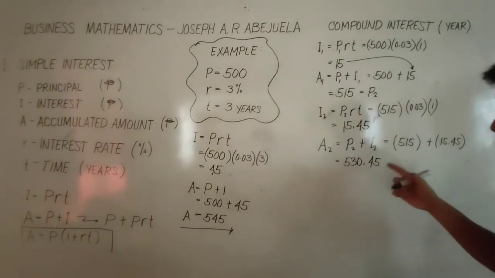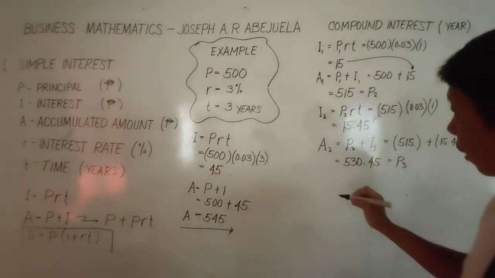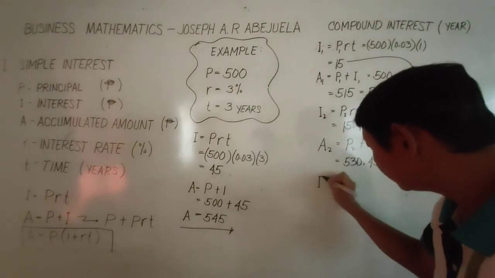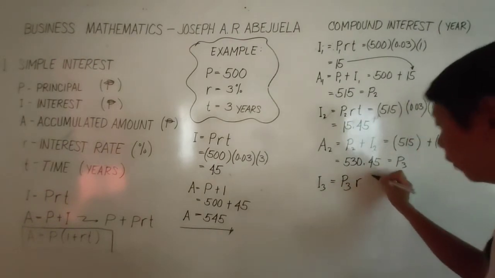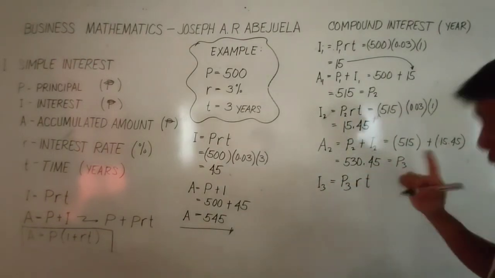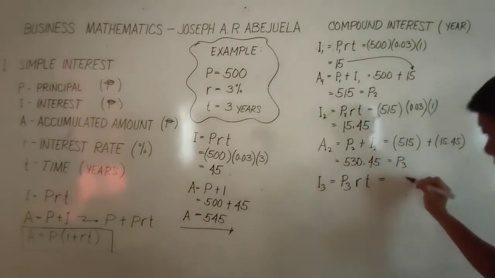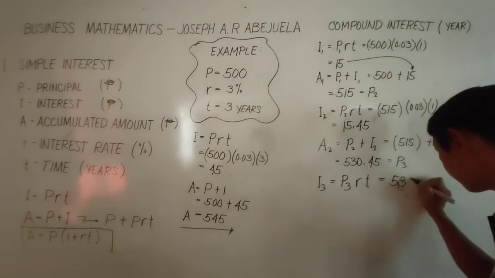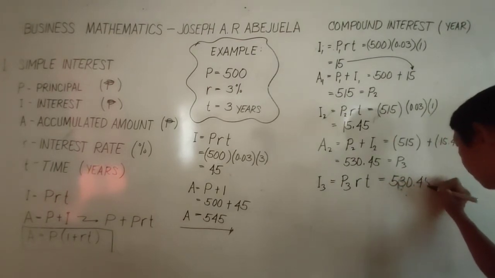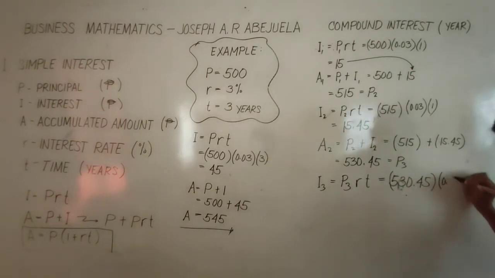Now this will then be our principal for the third term. So for the third term, we have I3 equals P3 multiplied by the interest rate multiplied by the time, which is for one compounding, 1. P3 is 530.45 multiplied by the interest rate 0.03 multiplied by 1.